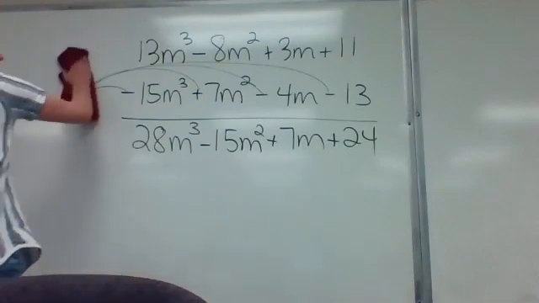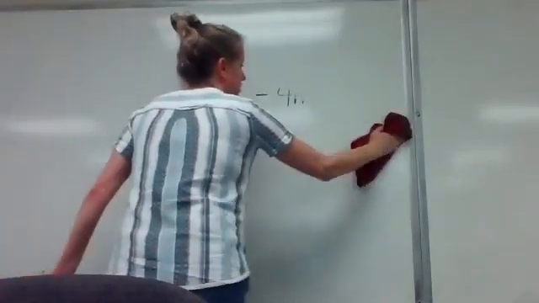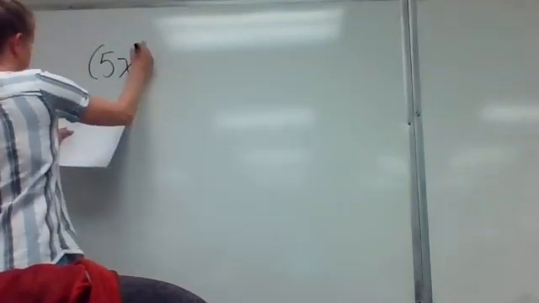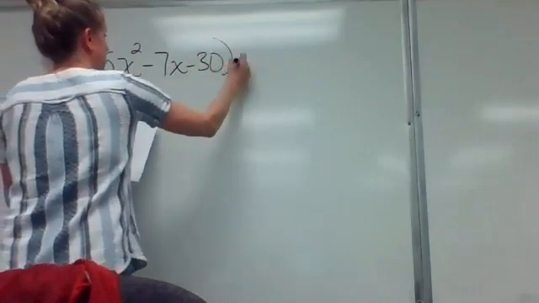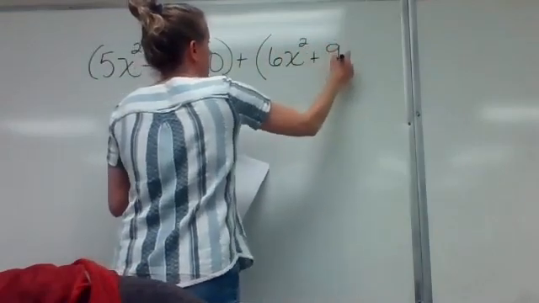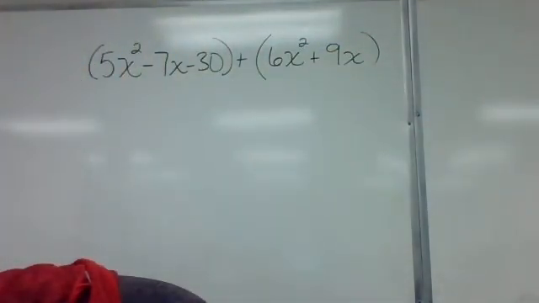All right, number 15. So you've got 5x squared minus 7x minus 30 plus 6x squared plus 9x.